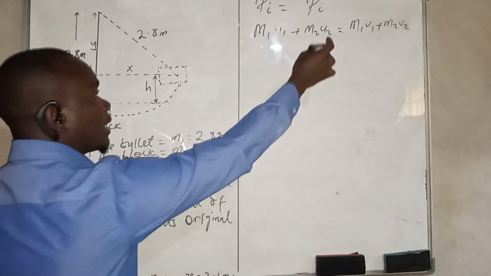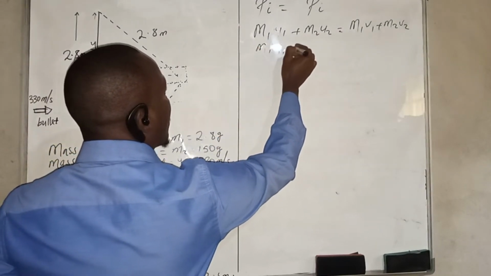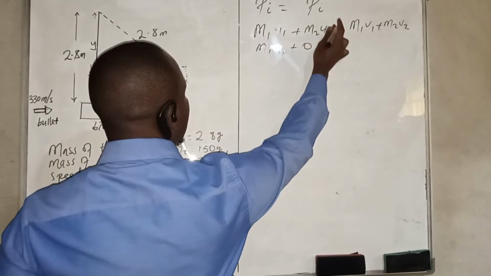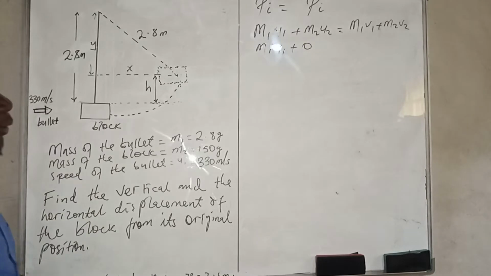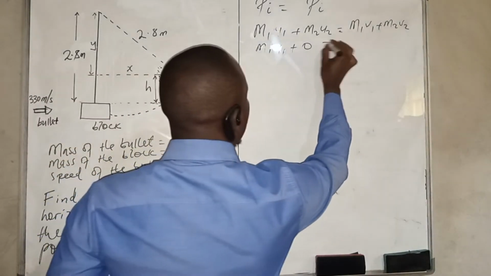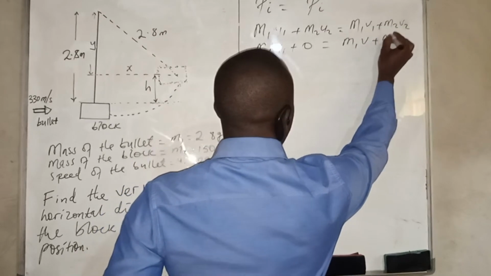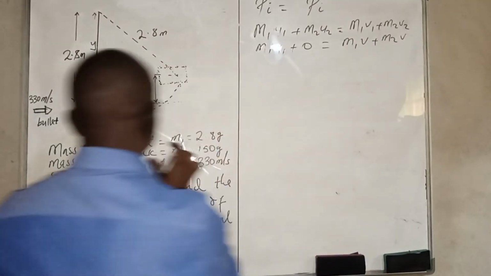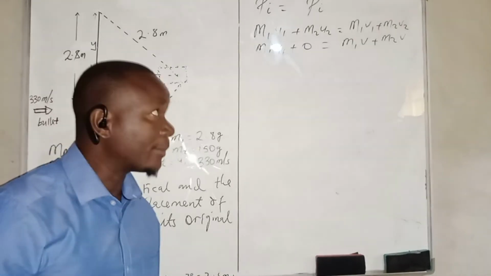So this equation becomes m1 u1 plus 0, since the initial velocity of the block is 0, which gives us m1 v plus m2 v, because the bullet and the block have the same speed.